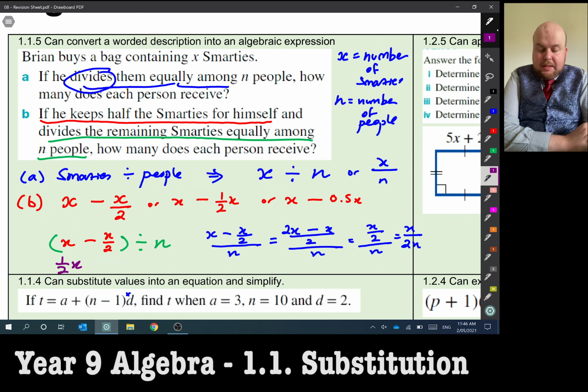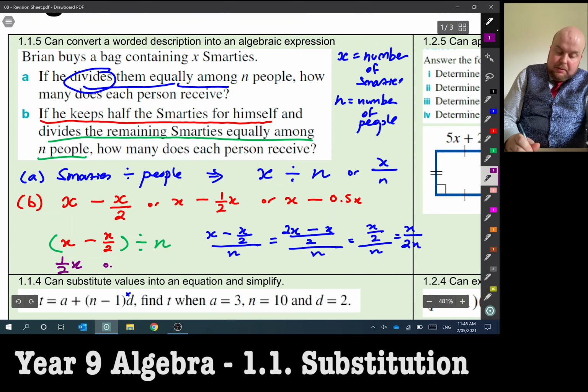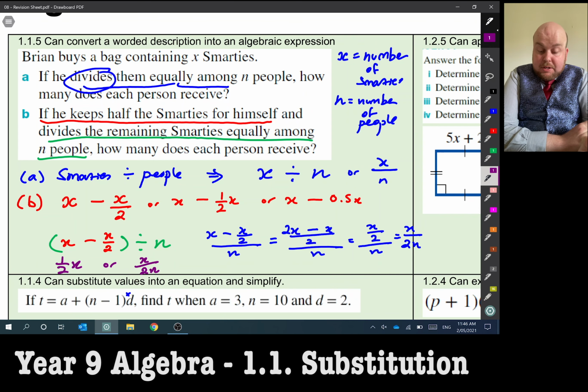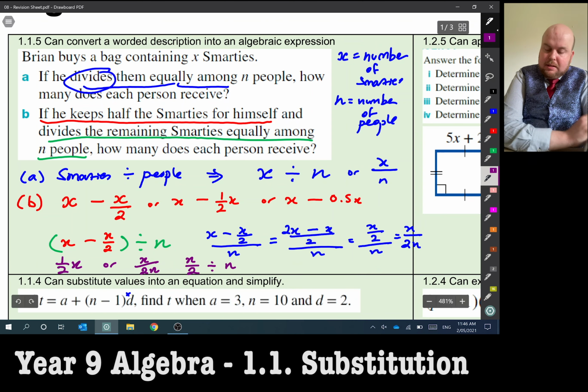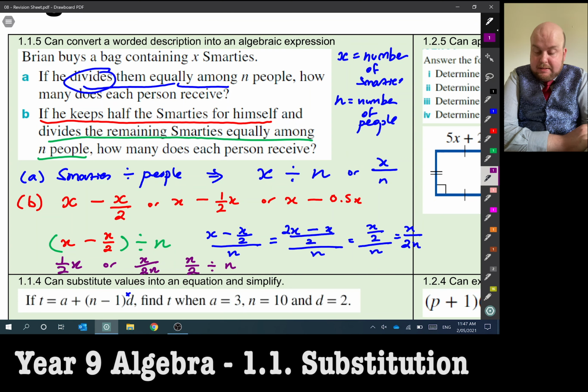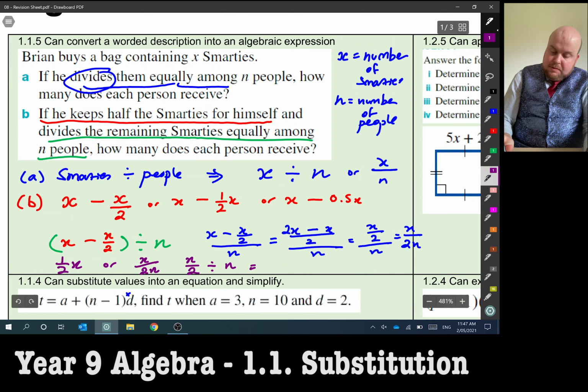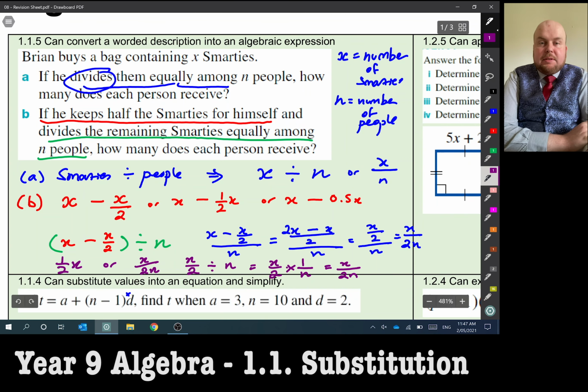So if he had to divide that amongst N people, again, that would just be X over 2N. Now, how did I get that? I've just done half the Smarties divided by N, which, if I know my fractions, is how I got that X over 2N.